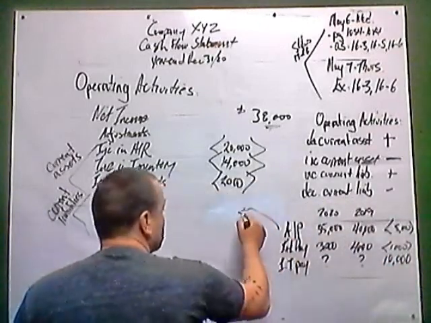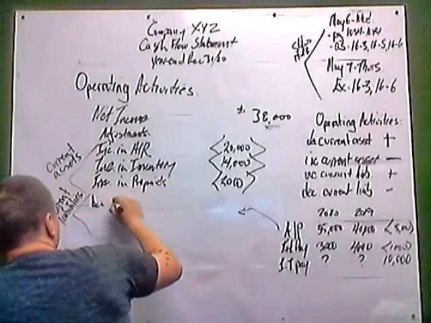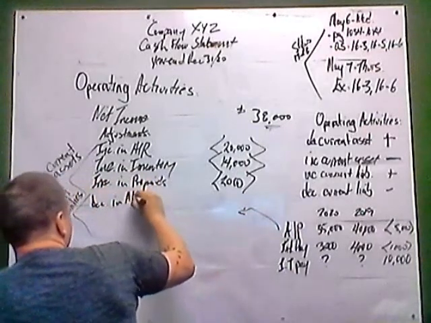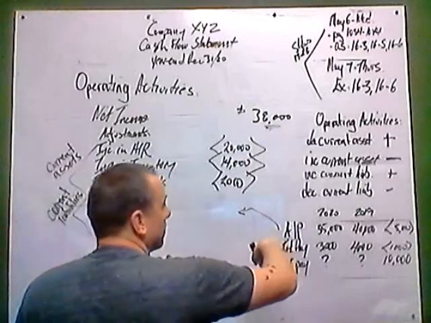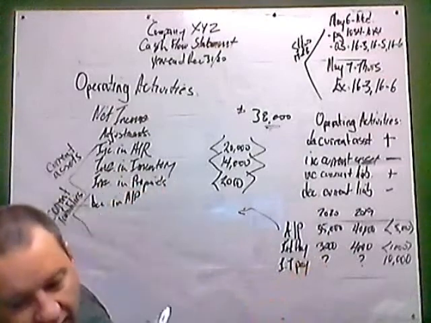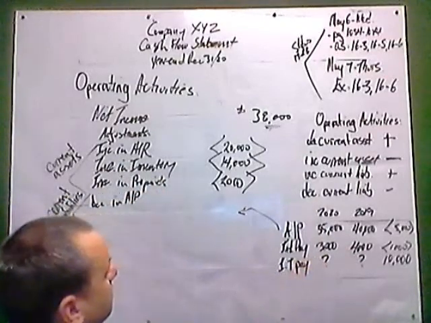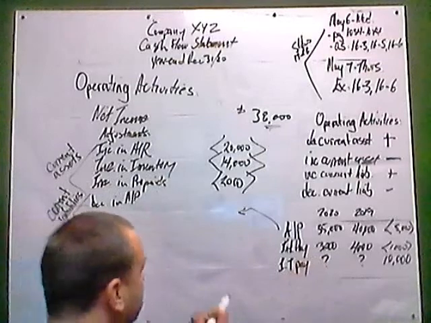Okay, AP. We had a decrease in accounts payable, so a decrease of a current liability. What are we going to do? Well, we're going to add it. Sorry, subtract it. Did I get my numbers all wrong here? I think so.